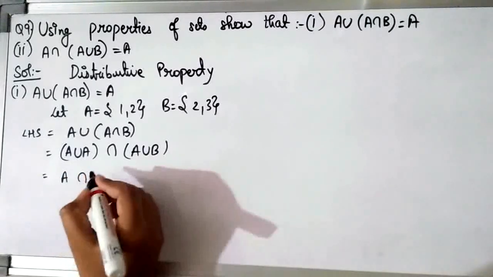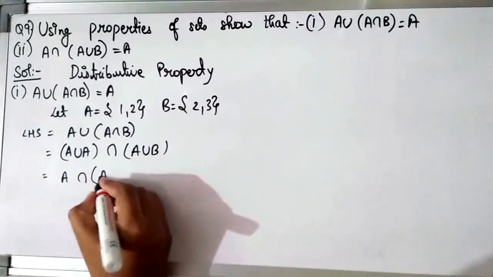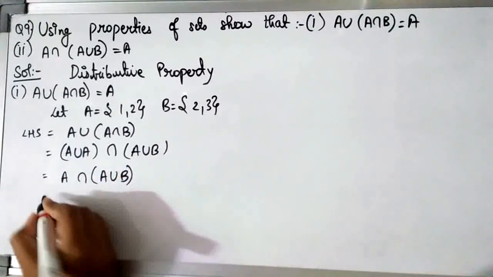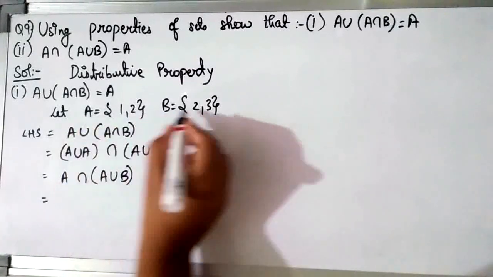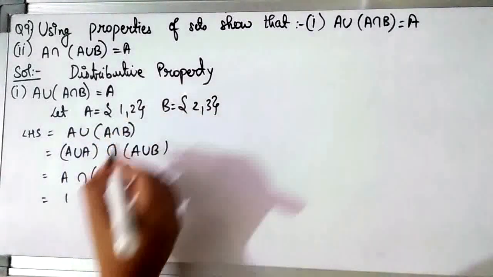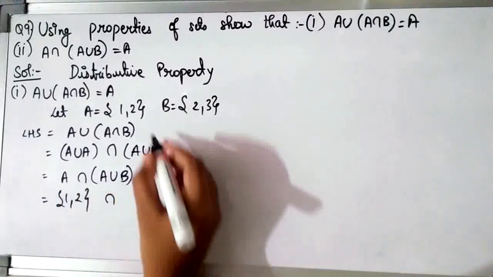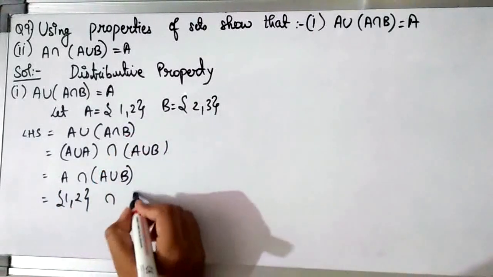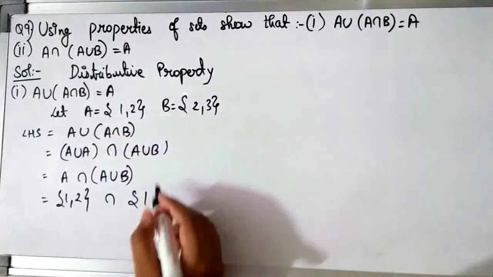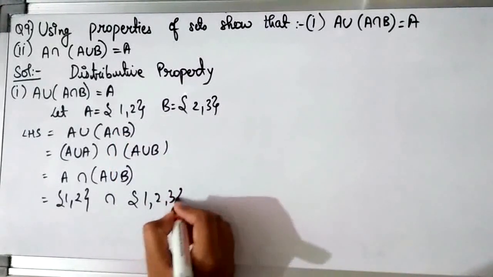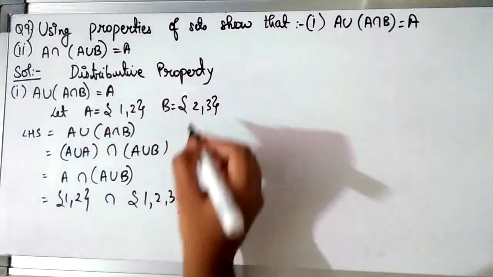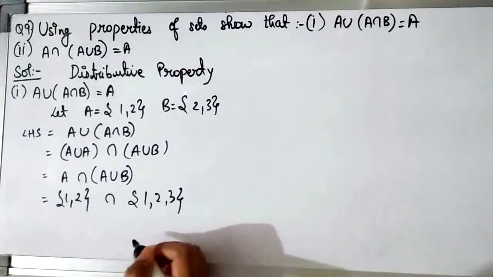Okay, then the intersection with A union B. Now over here we will write these two. Now A is nothing but 1, 2 and A union B. Now what is A union B? The set A union B consists of 3 elements, 1, 2 and 3. This is set A, this is set B. A union B is 1, 2, 3.